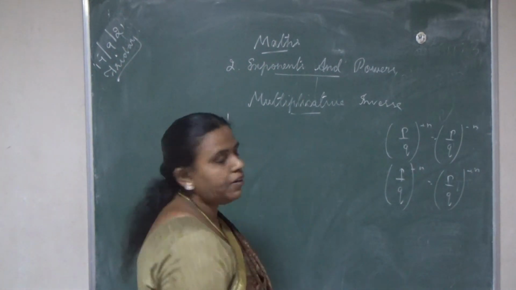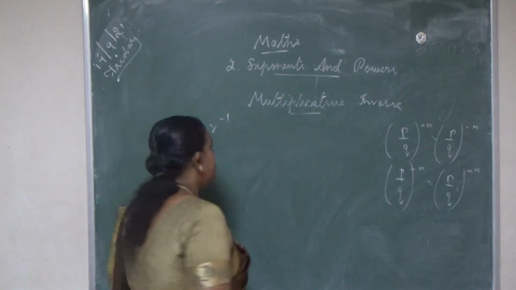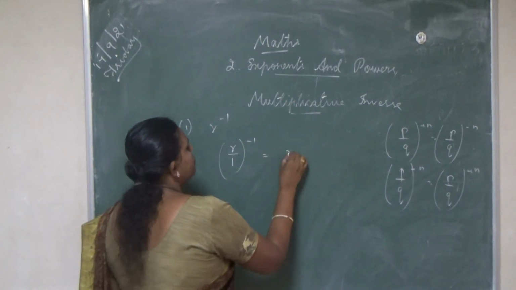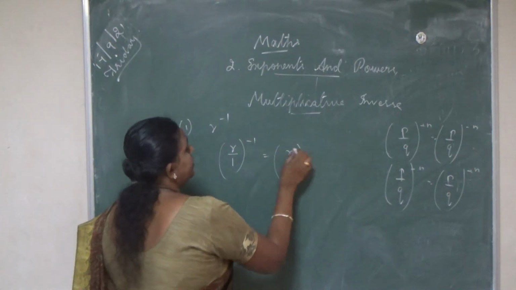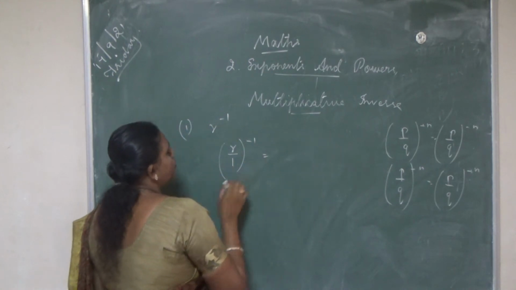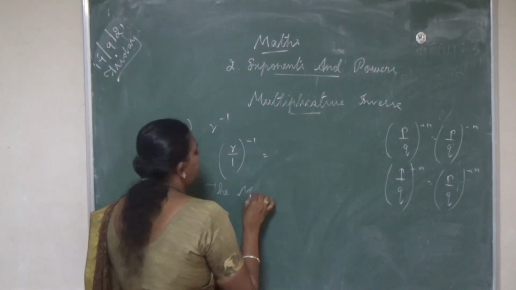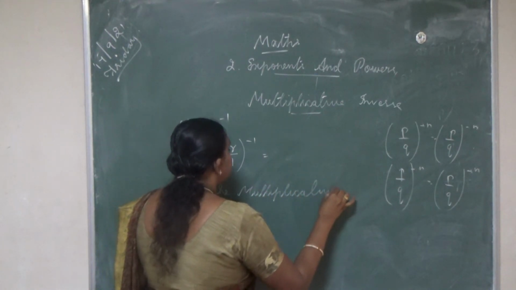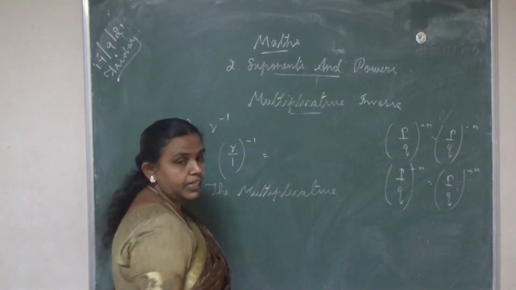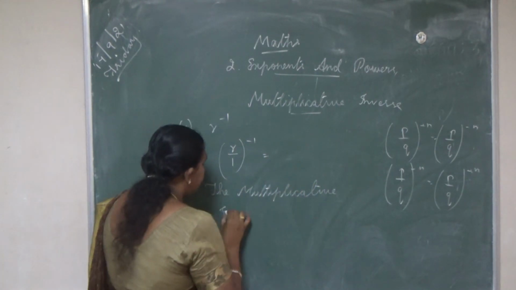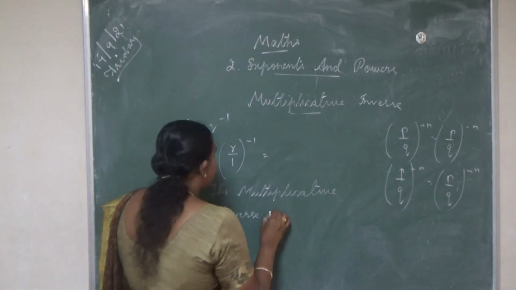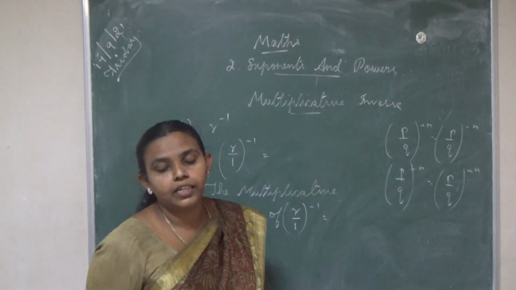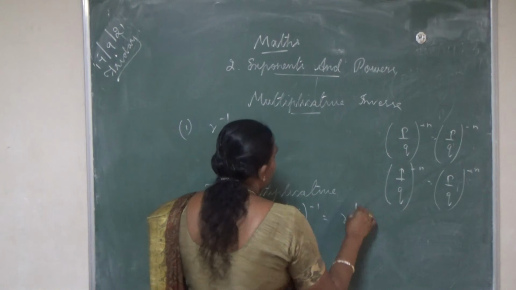So here, r power minus 1. Since r is an integer, it is r by 1 the whole power minus 1. The multiplicative inverse of r by 1 the whole power minus 1 is r power 1.